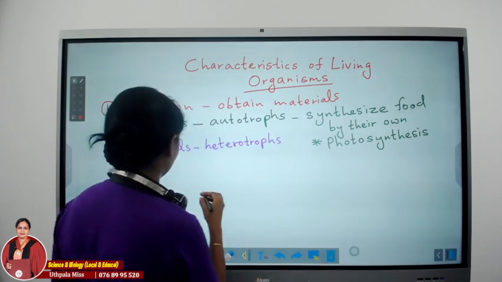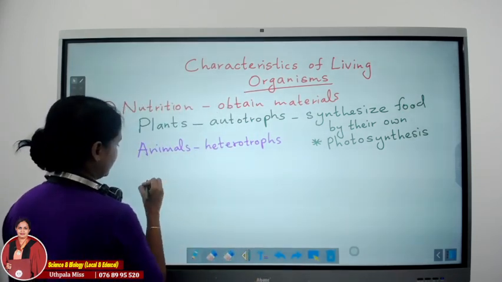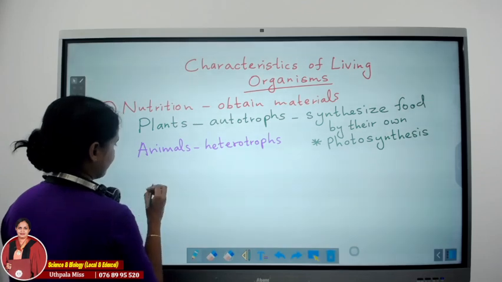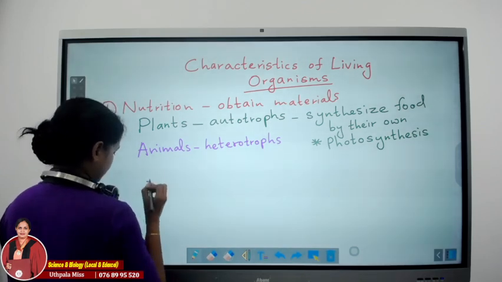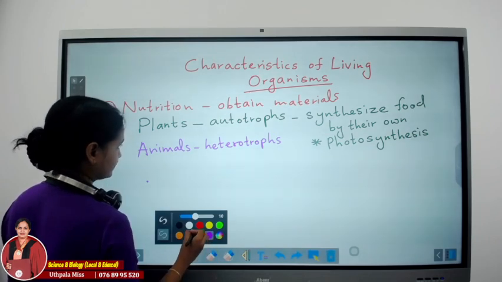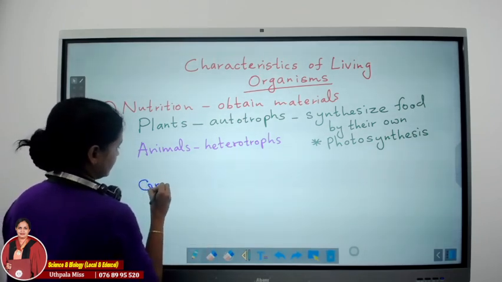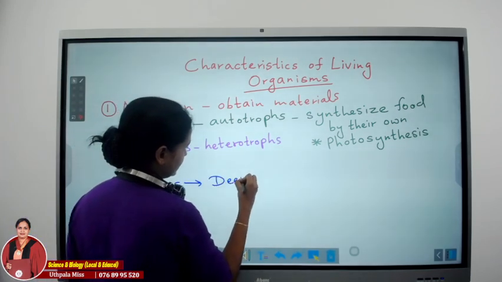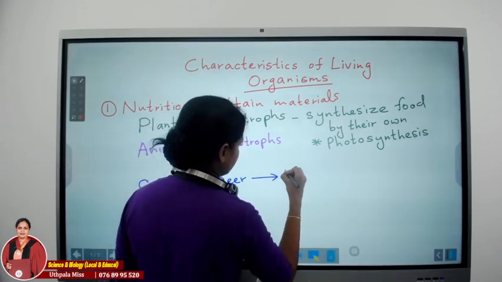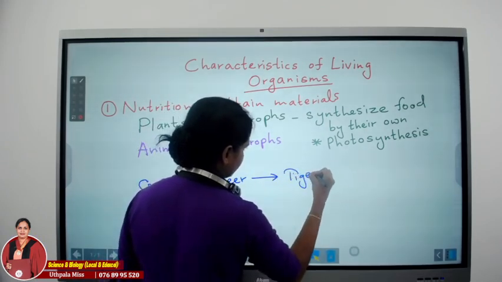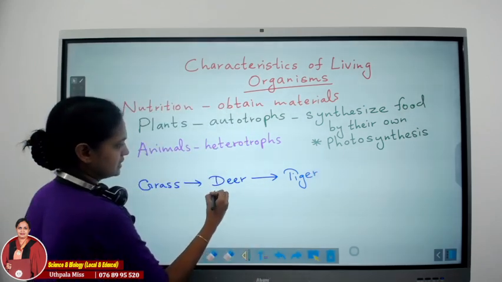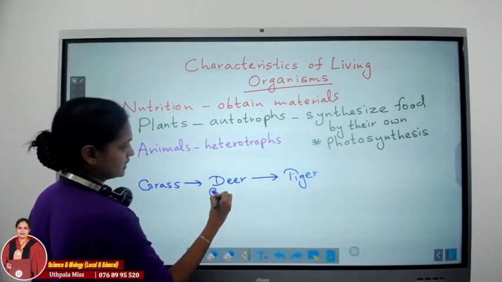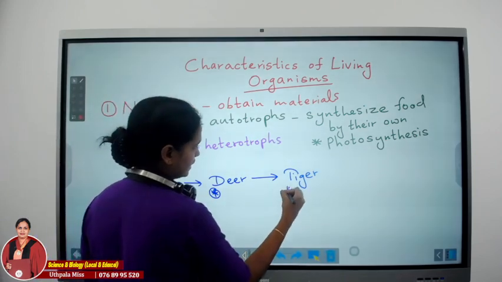For example, if we take a food chain, grass is eaten by the deer, right? Then that is eaten by the tiger, right? So here the deer is a herbivore, the tiger is a carnivore.